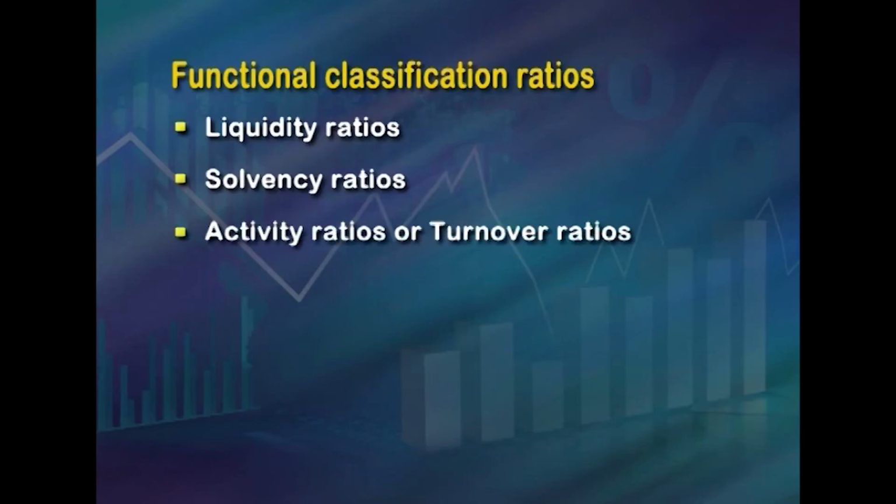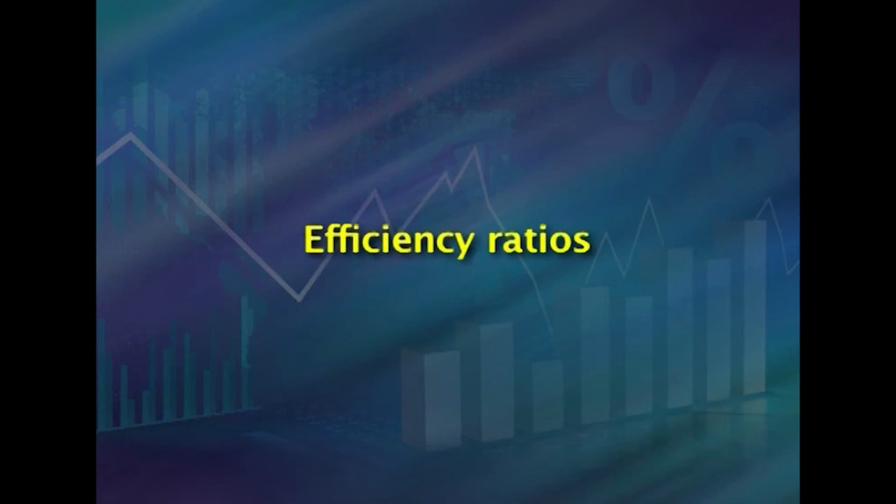Next are the activity ratios or turnover ratios. These refer to the ratios calculated for measuring the efficiency of operations of a business based on effective utilization of resources. They are known as efficiency ratios.